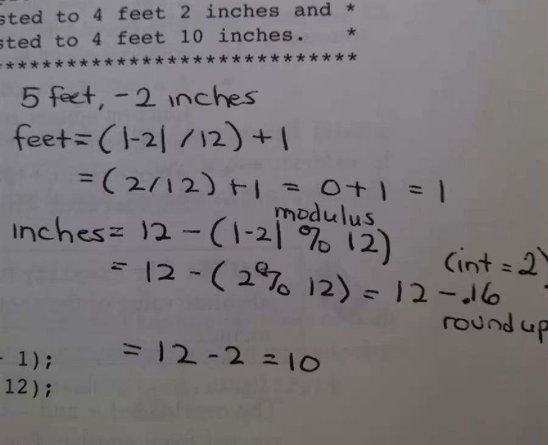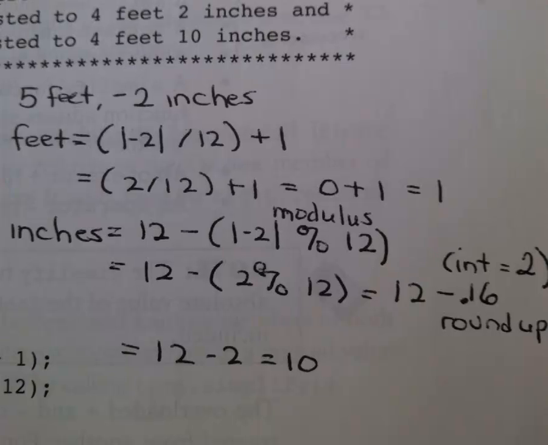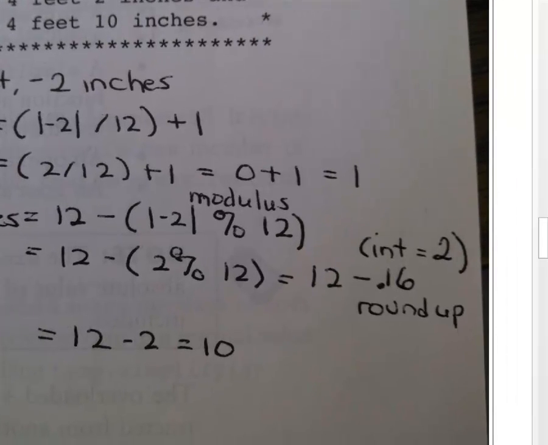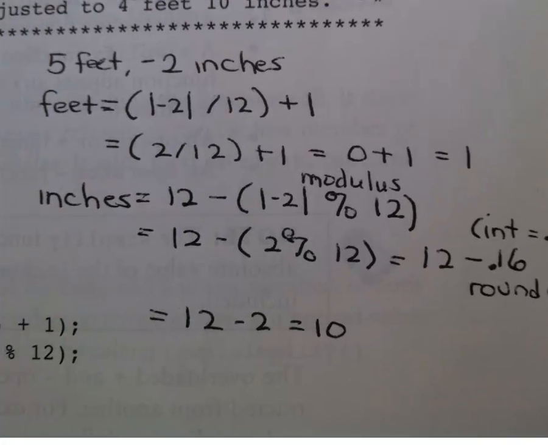So the absolute value of 2 modulus 12 comes out to 2. I divided it, it's 0.16, so you round it to an integer, because we're doing integers here. So that would be 2. So then you take 12 minus 2 equals 10.